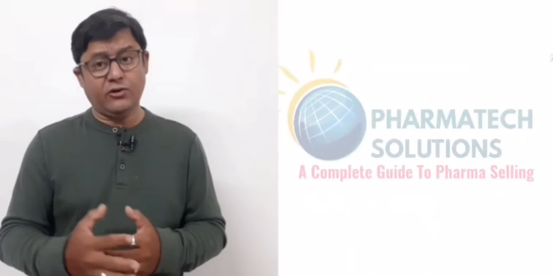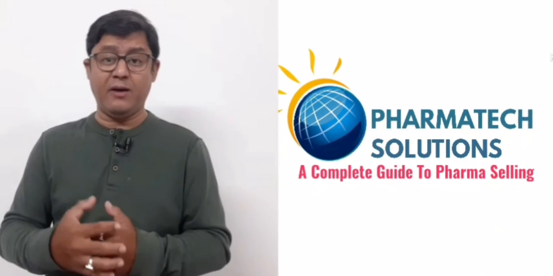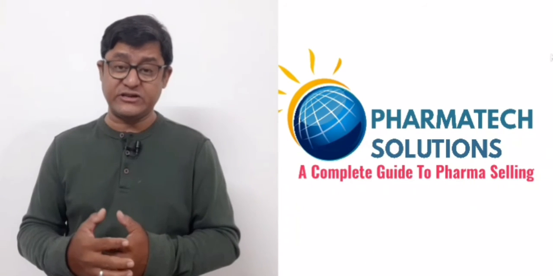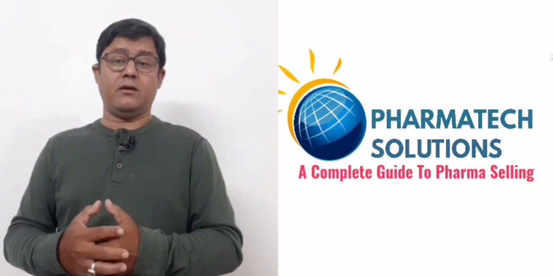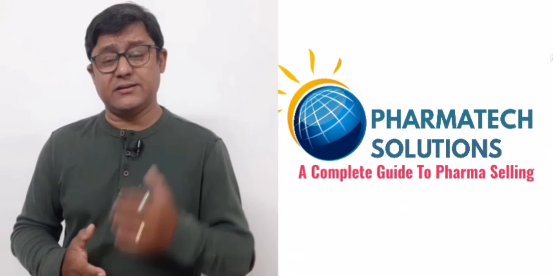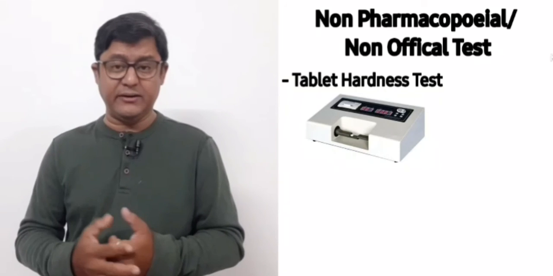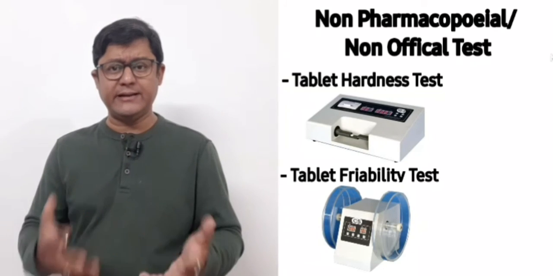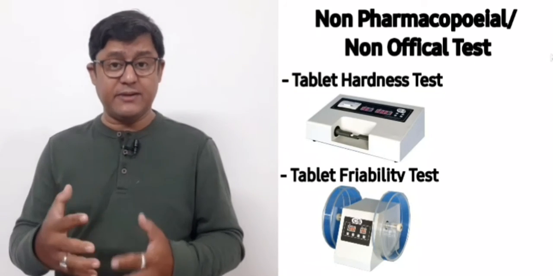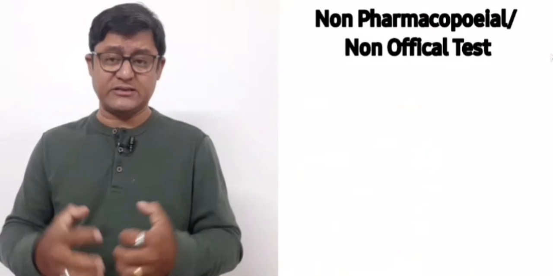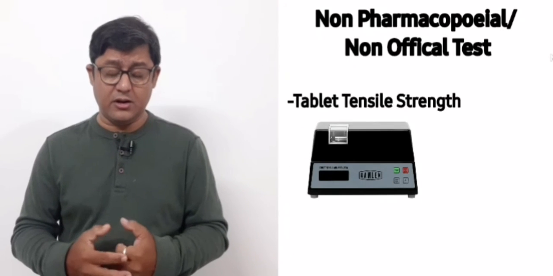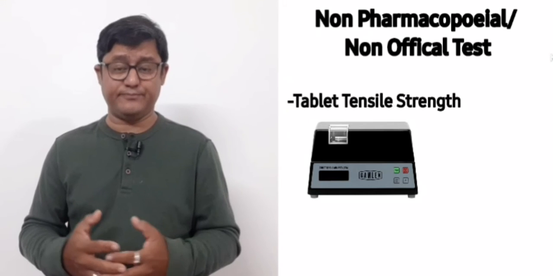Now, when we talk about a non-pharmacopoeial or non-official test, there are tests like the crushing strength test or hardness test, or a friability test, or the tensile strength test to determine the tensile strength of that particular tablet formulation.